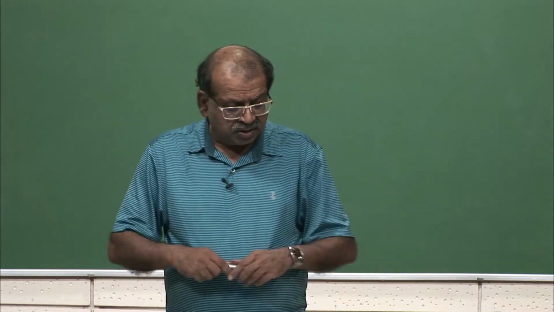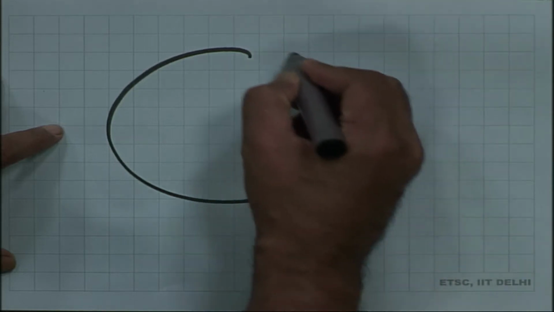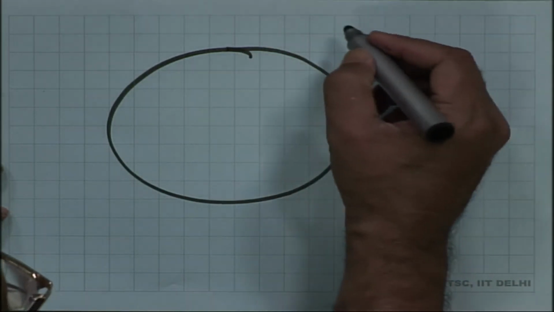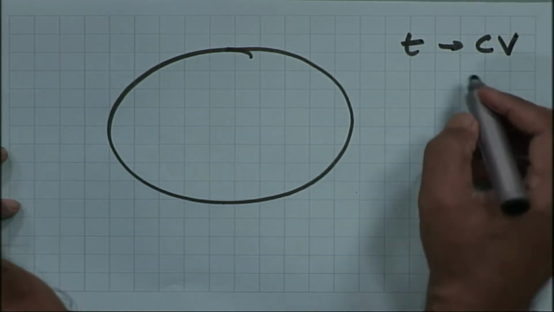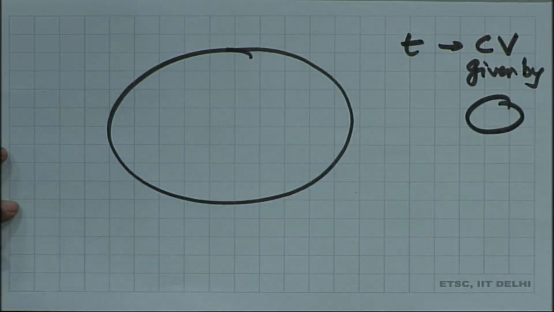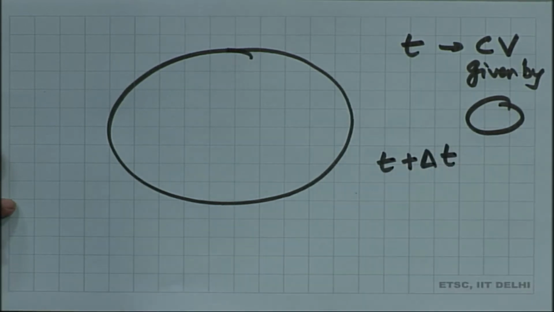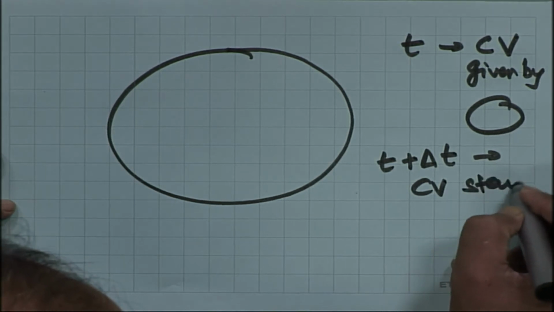So, now let us see, I have this control volume which is at time t. Control volume is given by this black circle. At time t plus delta t, the control volume stays the same.